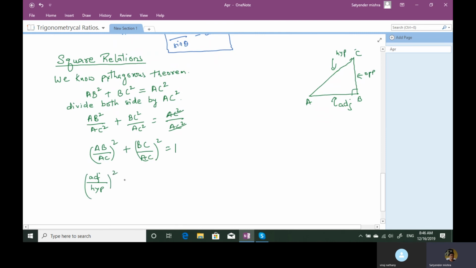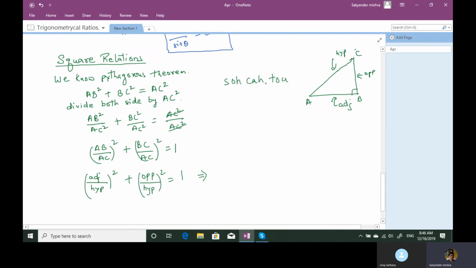Whole square plus BC by AC is opposite by hypotenuse, whole square is equal to 1. So this implies adjacent by hypotenuse. So we remember this, SOH CAH TOA.